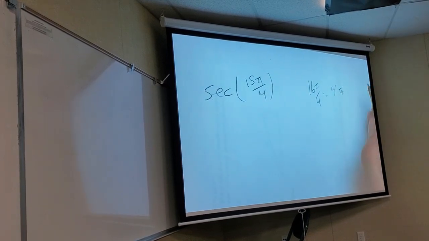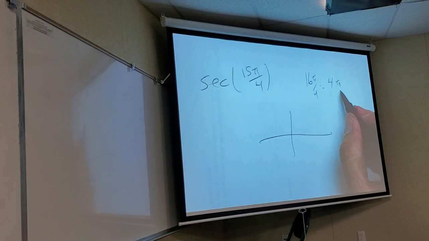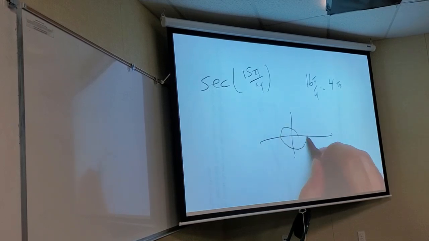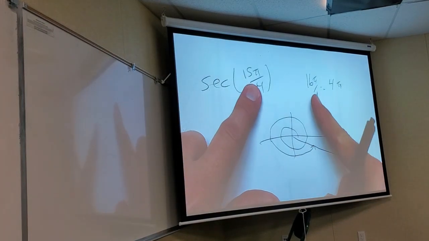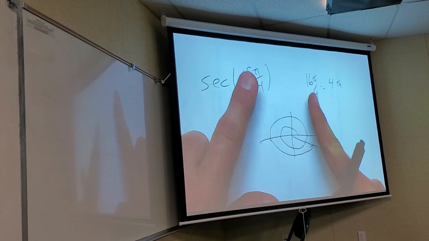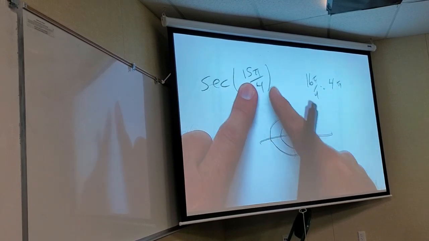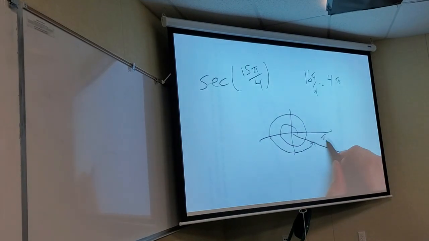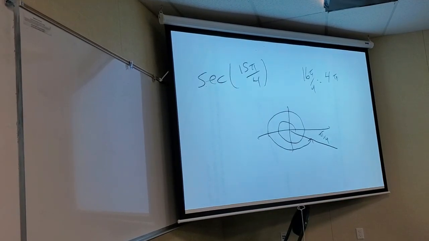So if I went 15 pi over 4, it's just short of 4 pi, correct? 1 pi, 2 pi, 3 pi, 4 pi. It's just short by how much? By how much? 15 pi over 4 is just short of 16 pi over 4 by 1/4 of a pi. Pi over 4. That's my reference angle. That's how short I came. Reference angle is always in reference to the x-axis. That's why we call it reference angle.